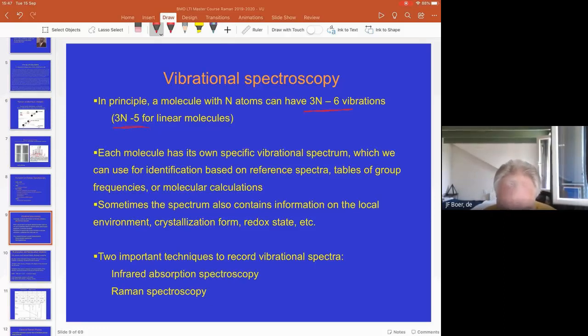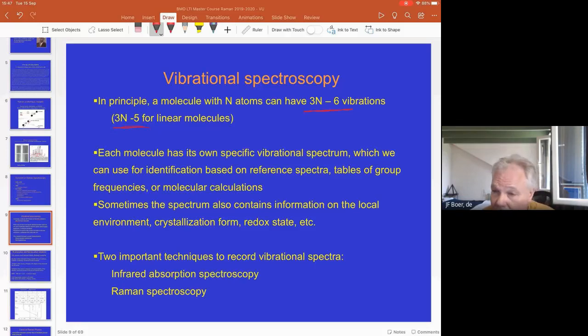And there are two important techniques to record these vibrational spectra. One is direct infrared absorption, and the second one is Raman spectroscopy. And so I started this lecture with discussing Raman spectroscopy. It turns out that's an effect that is associated with vibrational levels in the molecule, but the Raman process is not the only way you can excite these vibrational levels in the molecule.